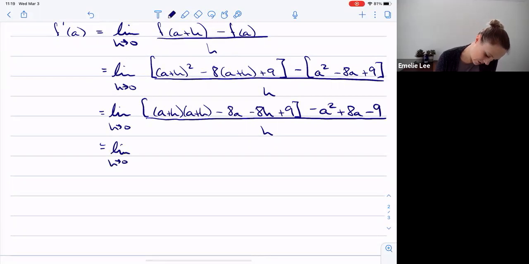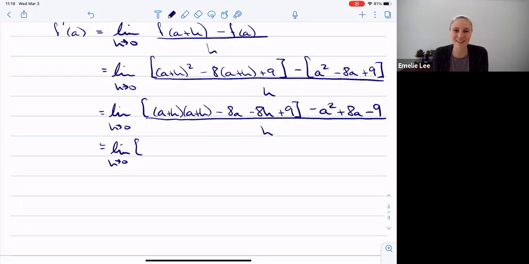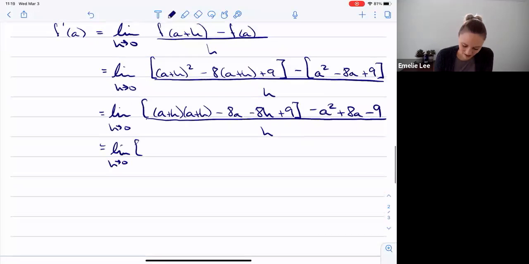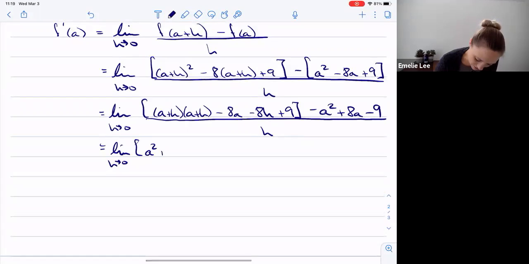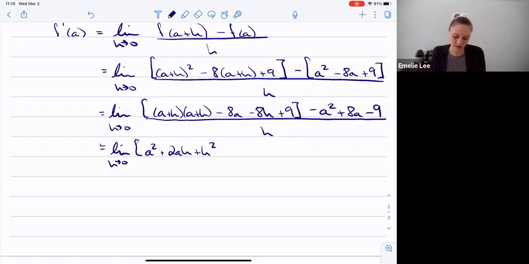Limit as h goes to 0, just to save us a line of work here, how about I just do a squared plus 2ah plus h squared. Right, I've expanded out that a plus h times a plus h. Minus 8a.